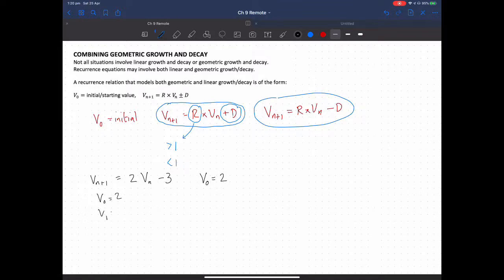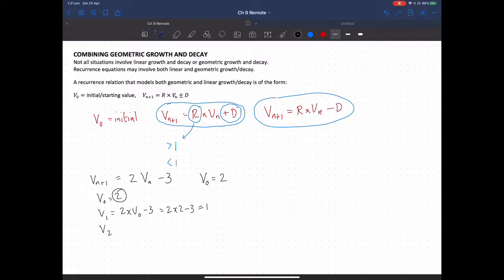Then V1 using our formula would be 2 times V0 minus 3. That is 2 times V0, which was 2, minus 3. 2 times 2 is 4. 4 minus 3 is 1.